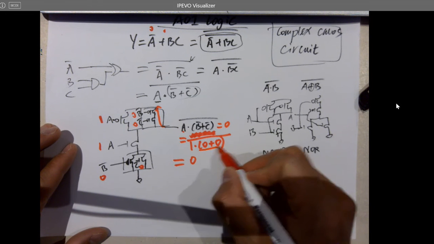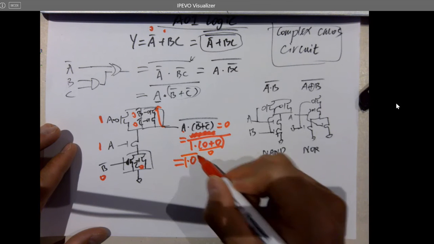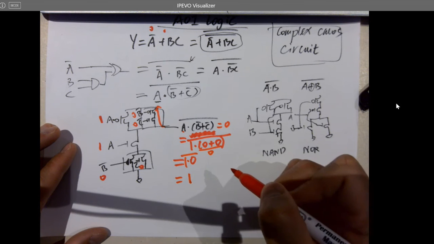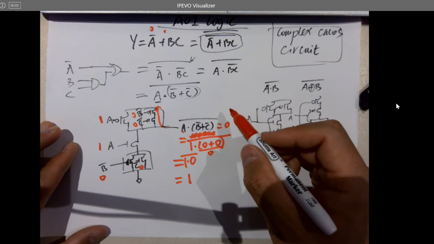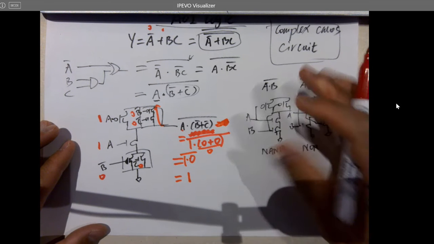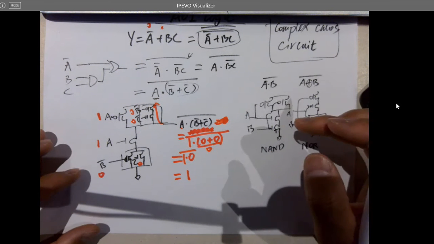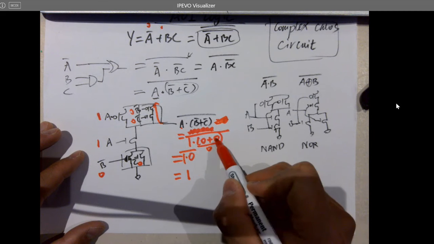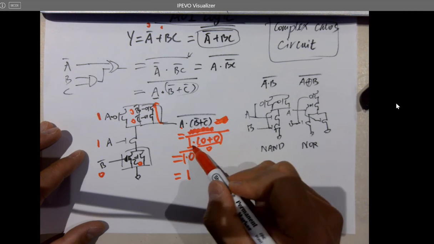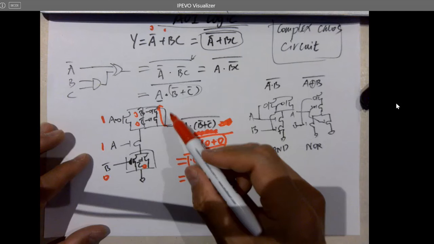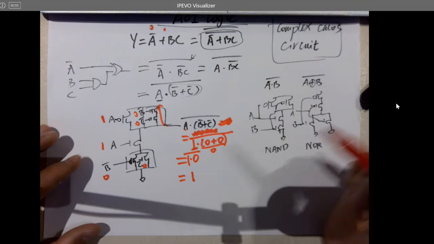No, this is 0, right? And 1, 0 NOR is 1. Yeah, you're right. So I don't know why, just looking at this one, I was thinking the entire thing is 0 here. Because I saw this is 1, whatever. So it's 1, and verified, it works.